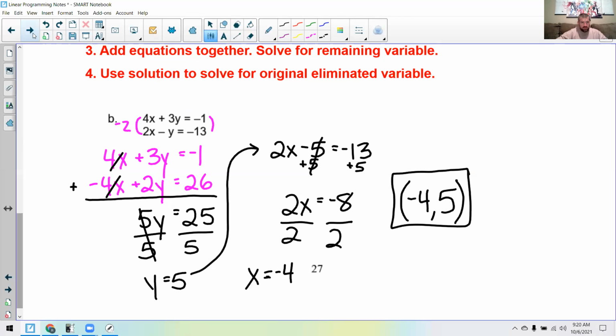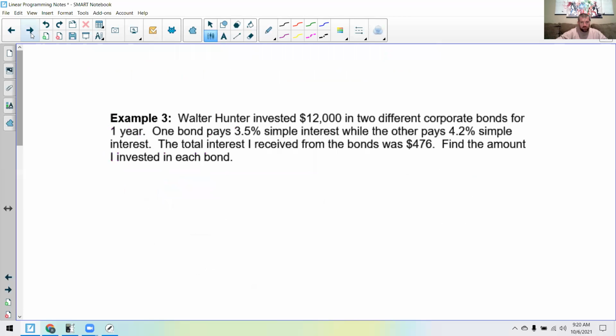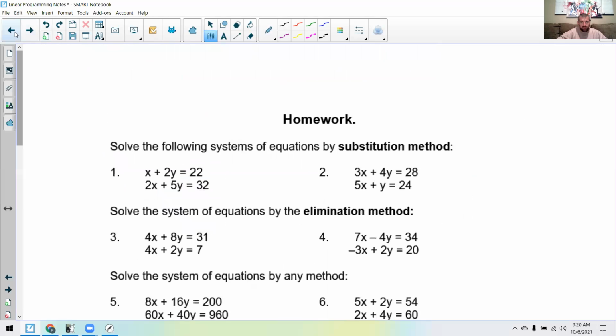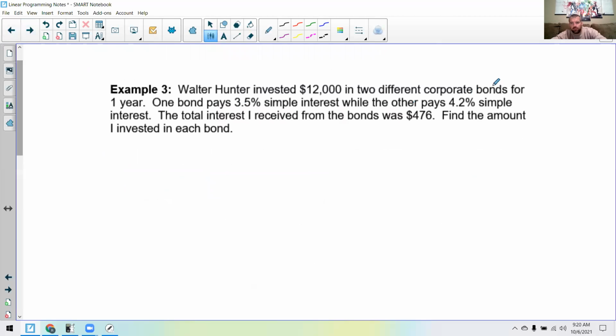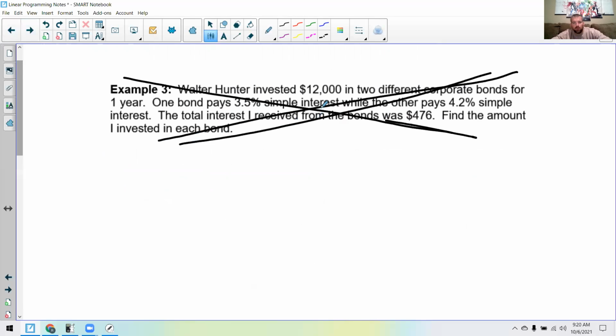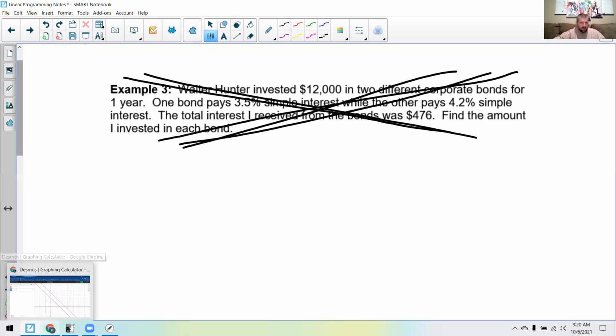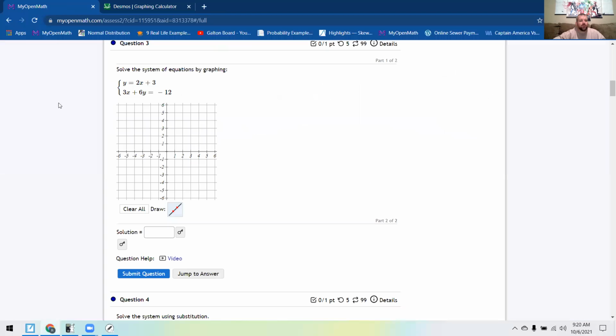Let's see if they have more examples here, or that's word problems. Let's hold off on those. Let's practice some. You can cross out this problem here, and you can use this space to copy these down. I'm going to pull up some from my open math.